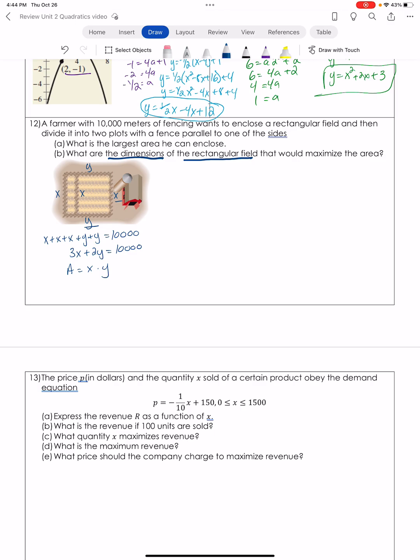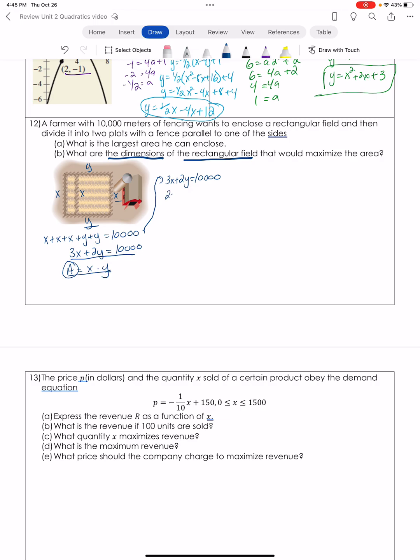So first thing we want to do is combine the two pieces of information, so that we have just one variable. Since we're trying to find maximum area, I'm going to replace Y with this Y up here. So I'm going to rewrite this. I have 3X plus 2Y is equal to 10,000.